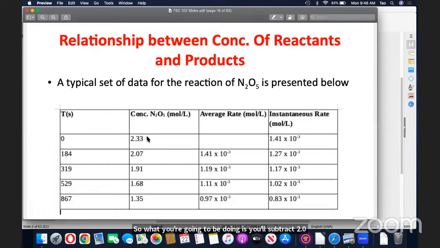Well, the right thing is final minus initial anyway, so that you can actually see the negative. So it's going to be 2.07 minus 2.33, because it's final minus initial, divided by 184 seconds. Because your time is going to be 184 minus 0, so this is what you have.